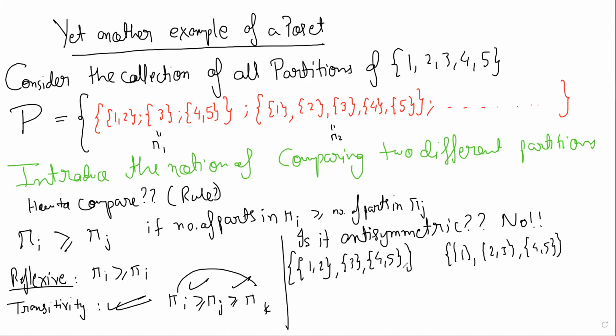You can see that this is true and this is true because they have the same number of parts, but they are obviously not equal. They're different partitions. So it is not an anti-symmetric thing.